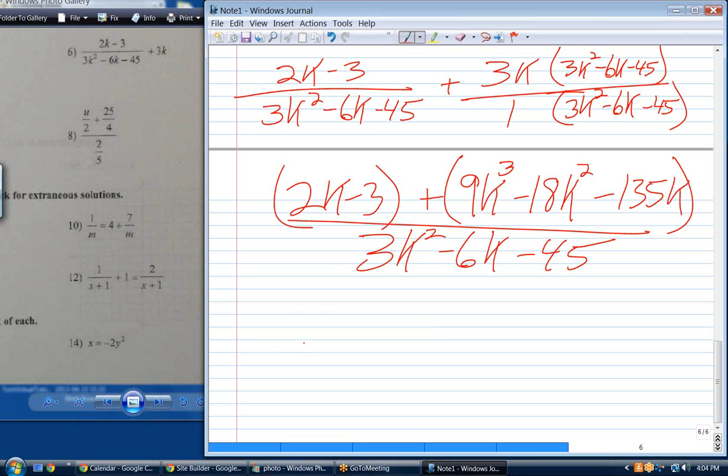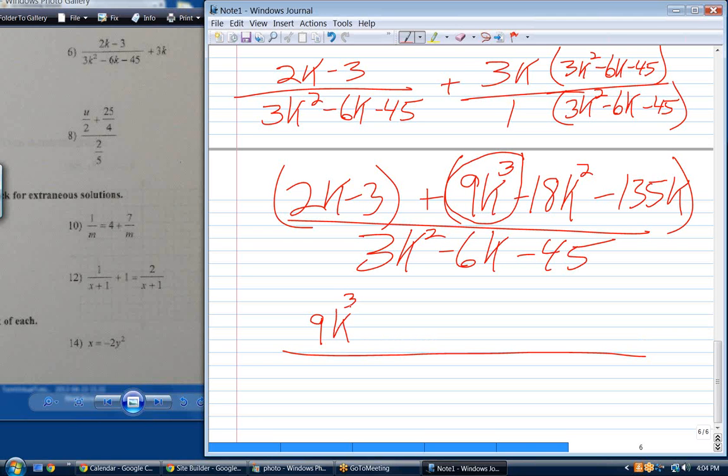Okay. Now let's simplify the numerator in order. Let's put them in order. So we're going to put it in order of the size of the exponent. We want the highest exponent first. Want that term right there first.